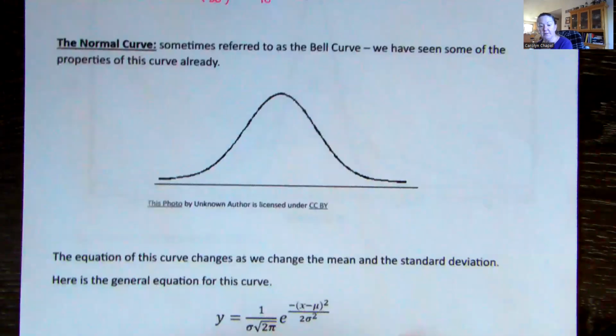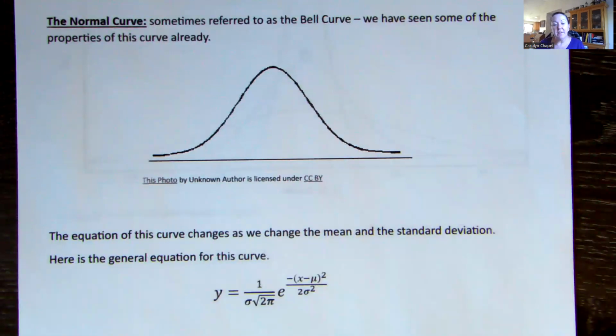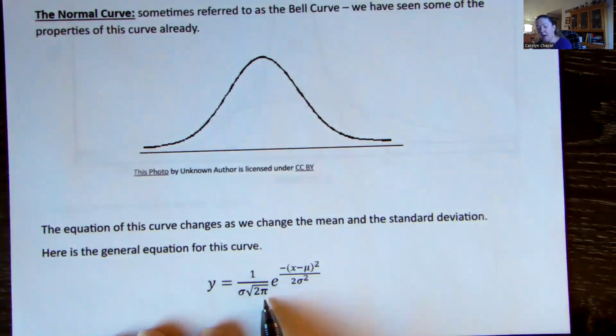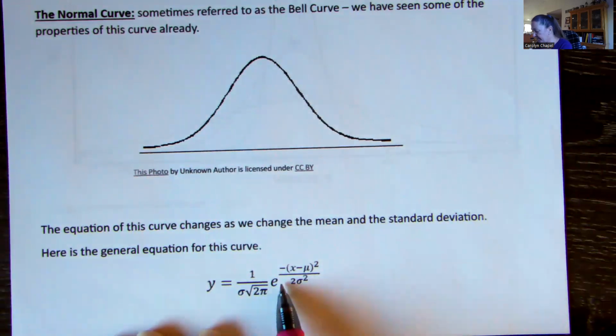The formula for this curve changes as your mean or standard deviation changes, and I'll look at what happens with those changes in just a moment. By no means will we ever need to use this formula, but it looks like this. Notice that we have our standard deviation in here in a couple places; here it turns into the variance. We do have a square root of 2 pi, crazy that that value is in there.